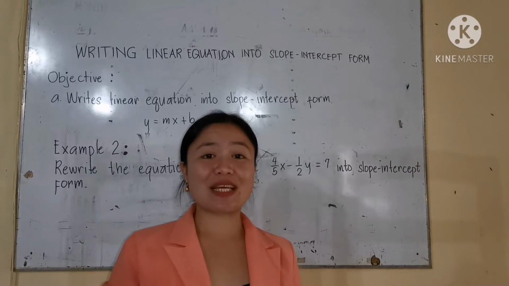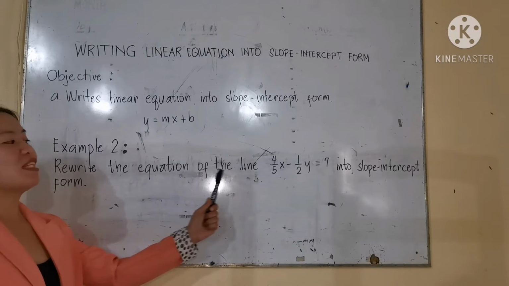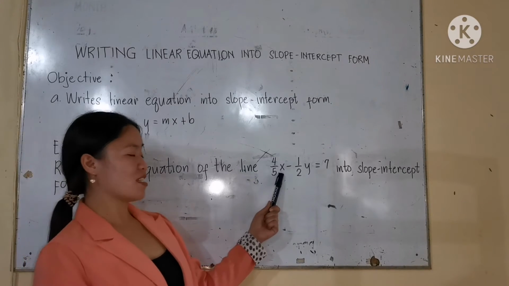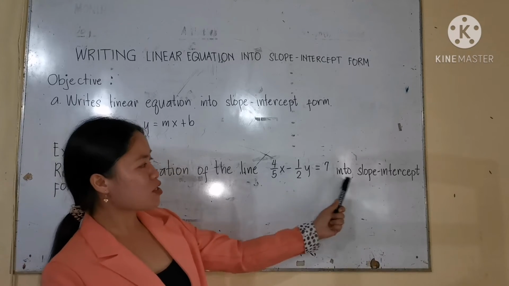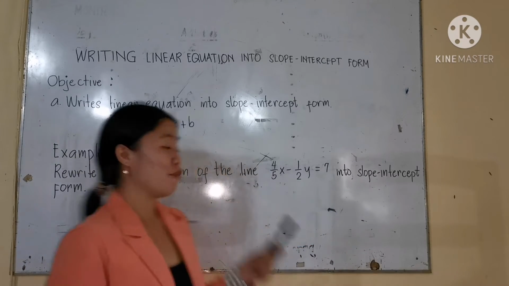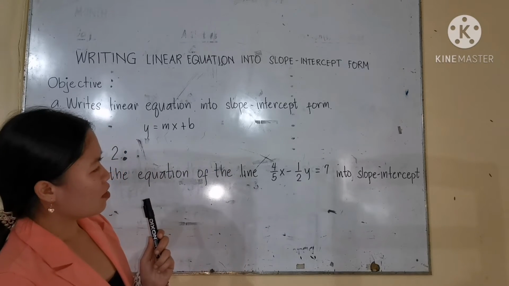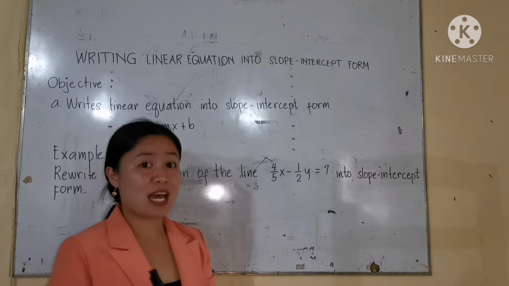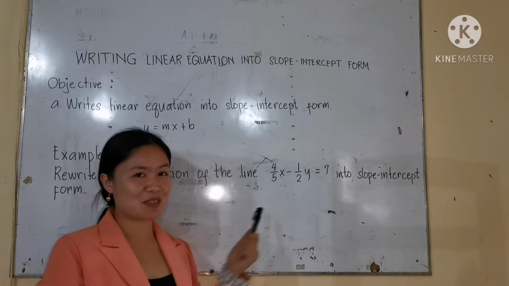Now let us proceed to example 2. Rewrite the equation of the line 4/5 x minus 1/2 y equals 7 into slope-intercept form. Do you observe that our first example is different from our example 2?